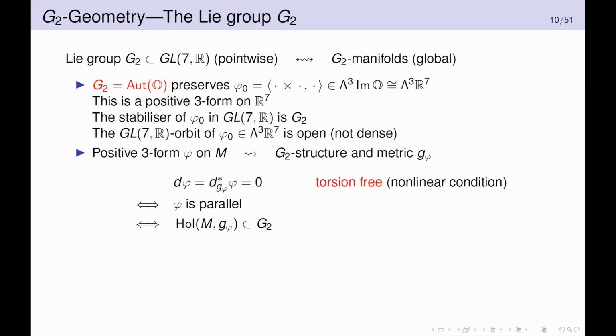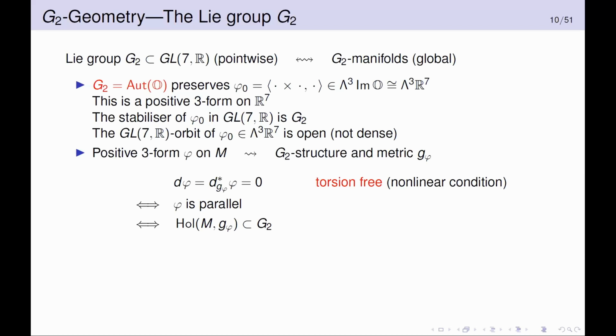And you can ask that that one is closed as well, and that's equivalent to saying that the form psi from the previous slide is also closed. If you have these 2 conditions, then you say that your 3-form is torsion-free. And well, this looks linear at first glance, but remember that the adjoint of d is taken with respect to the metric G phi, and G phi depends on phi. So in fact, this is highly nonlinear.